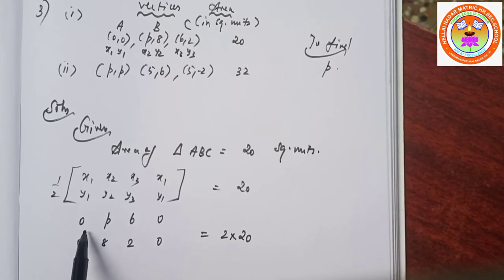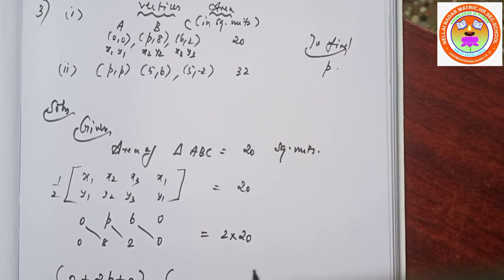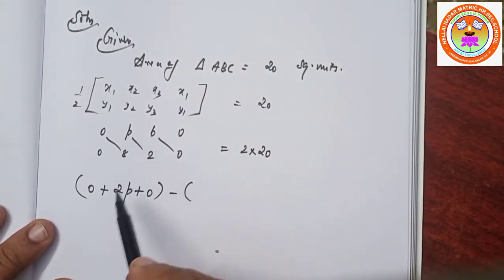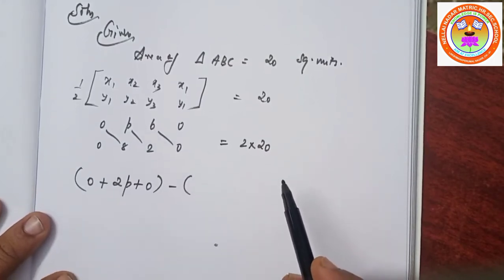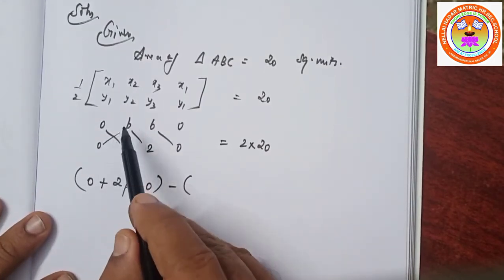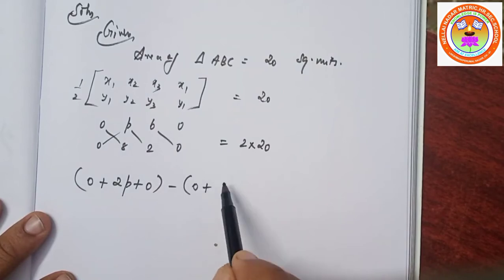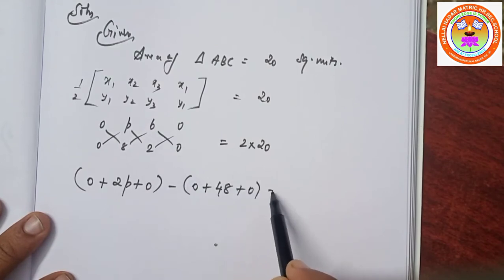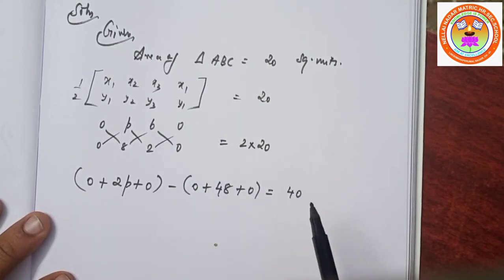Now we have to multiply 0 into 8, that is equal to 0, p into 2, that is equal to 2p, 6 into 0, that is 0, minus, 0 into 8, 0, p into 2, 2p, 6 into 0, 0, minus 0 into p, 0, plus 8 6 are 48, then 2 into 0, 0, that is equal to 2 into 20, that is 40.